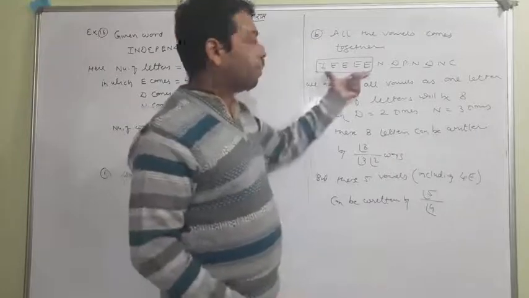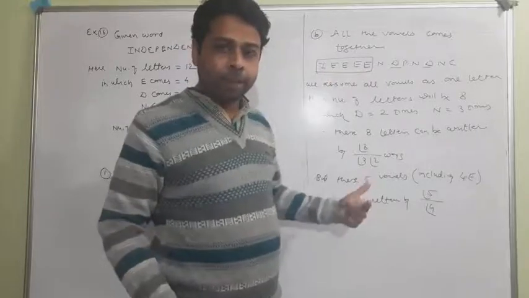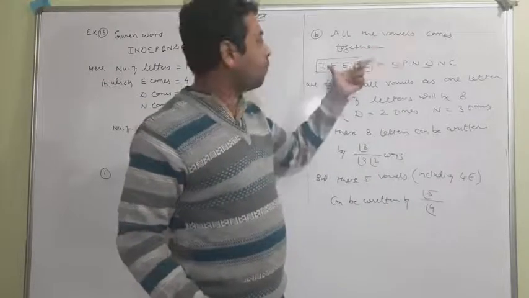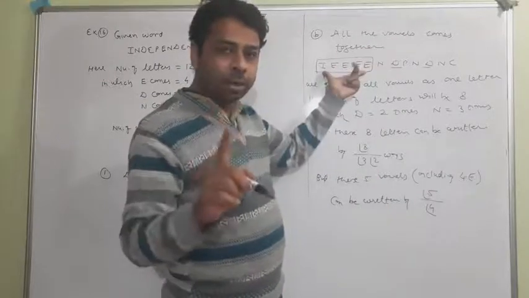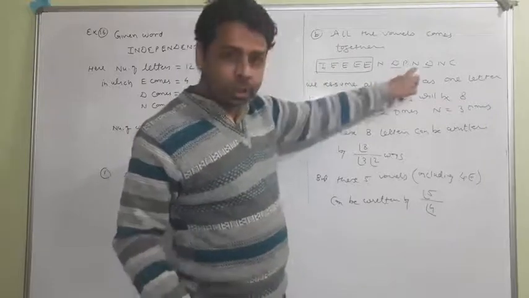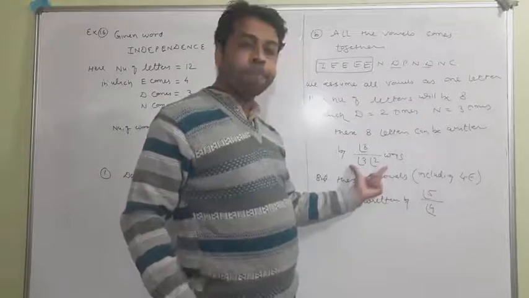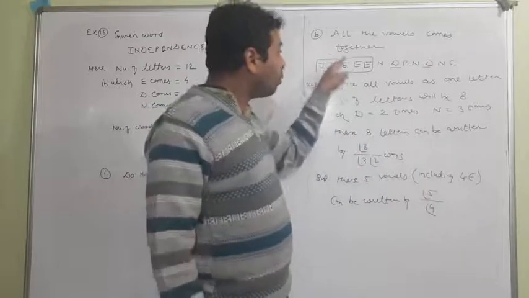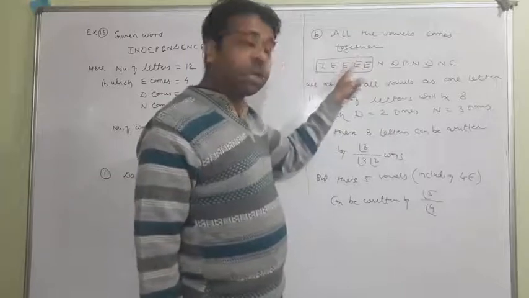You should know the previous method. When we had a question where vowels come together, first of all we assume it is one letter, so that time it was counted as one letter. Repetition I saw here, I found all the words in which these came together. But what about all the possibilities of these vowels?